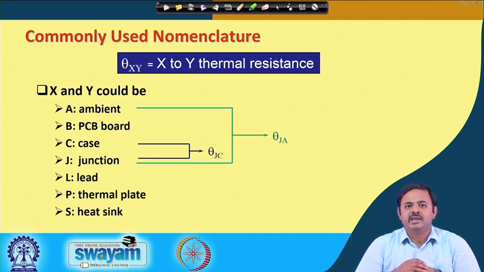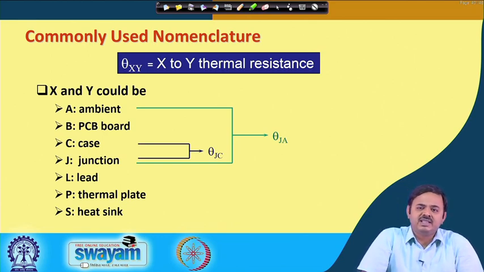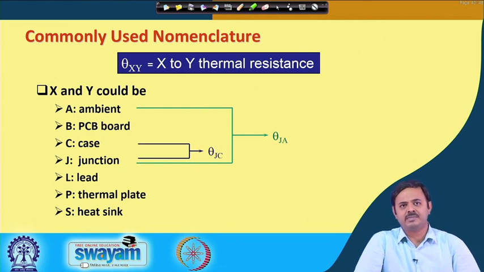Similarly, if there is a thermal resistance from the junction to what is called the case, and we will look at what case is, then we will call it theta JC, that is theta junction to case. All right. So, in a few slides we are going to see examples of these, and what is junction, what is board, what is case, what is ambient, what is sink will become a little more clear. All right. So, this is theta and this is typical nomenclature.